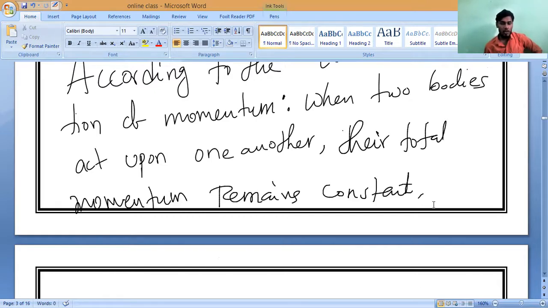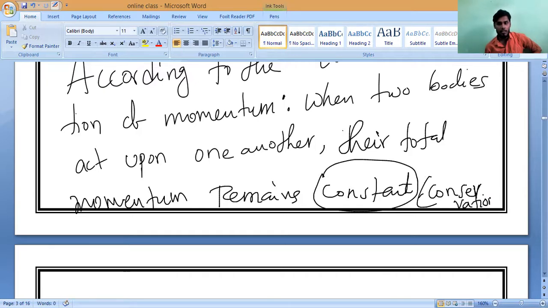Is it yes or no? Yes, that is what remains constant, provided no external forces are acting. This constant is only known as conservation. What should we call it? Conservation.